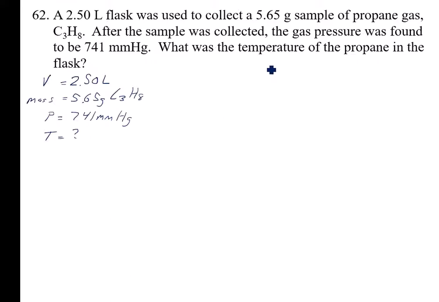Again, I have one volume, one pressure, one temperature. So I'm going to use the ideal gas law, PV equals nRT. Pressure has to be in atmospheres though. On slide 1, we said that 1 atmosphere was equal to 760 millimeters of mercury.